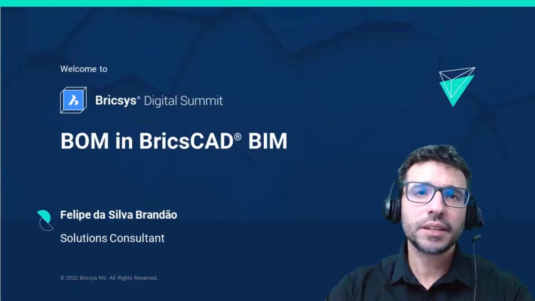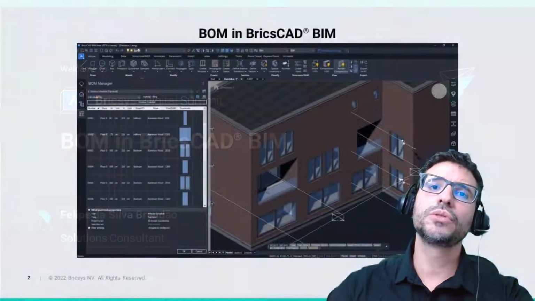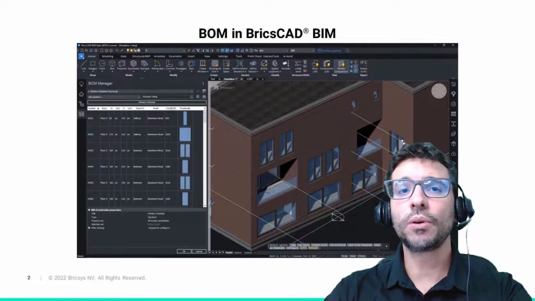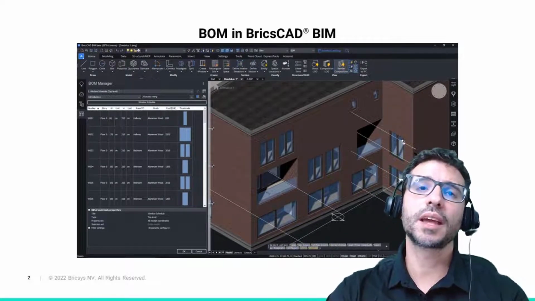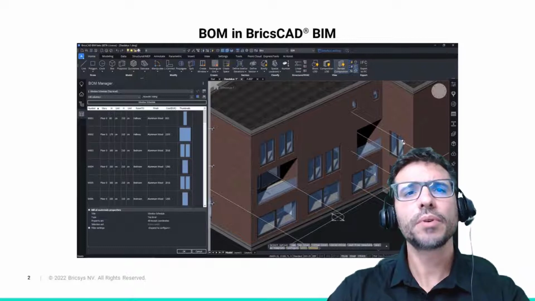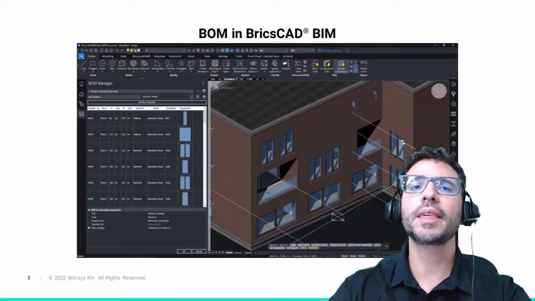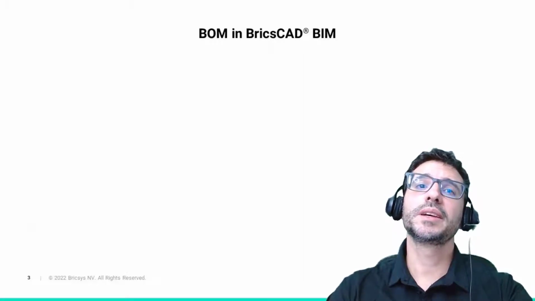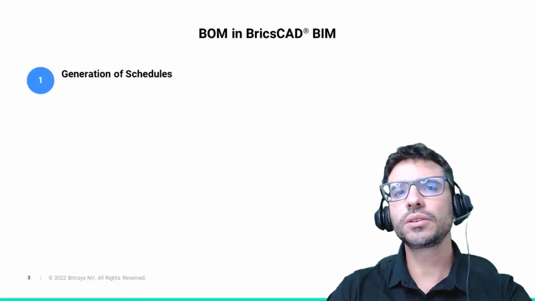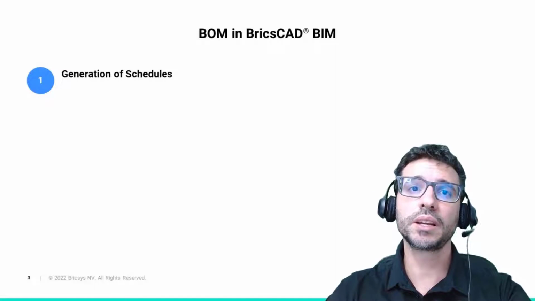We'll be together in about 20 minutes to show some of the properties of the BIM, this amazing functionality, how to create a schedule, how to do many operations with it, and then insert it in our projects. The main topics will be the generation of window, door, and also a material list.